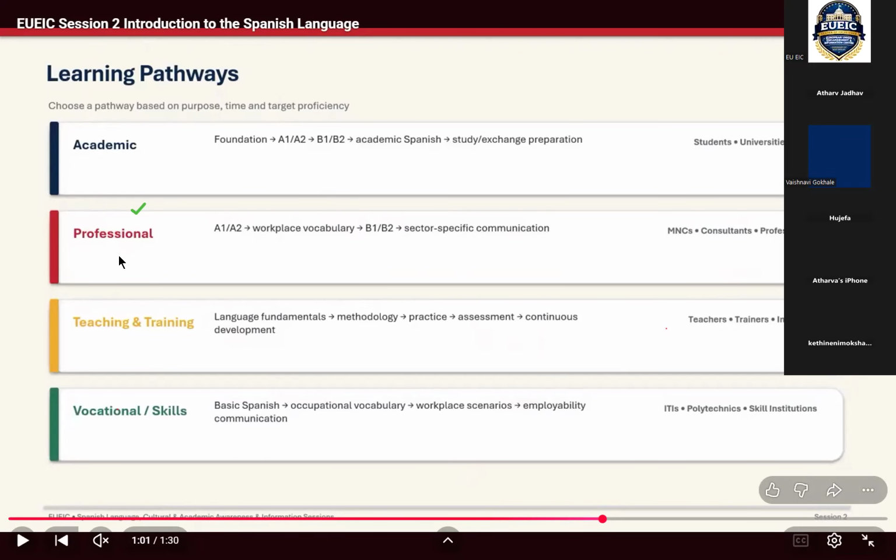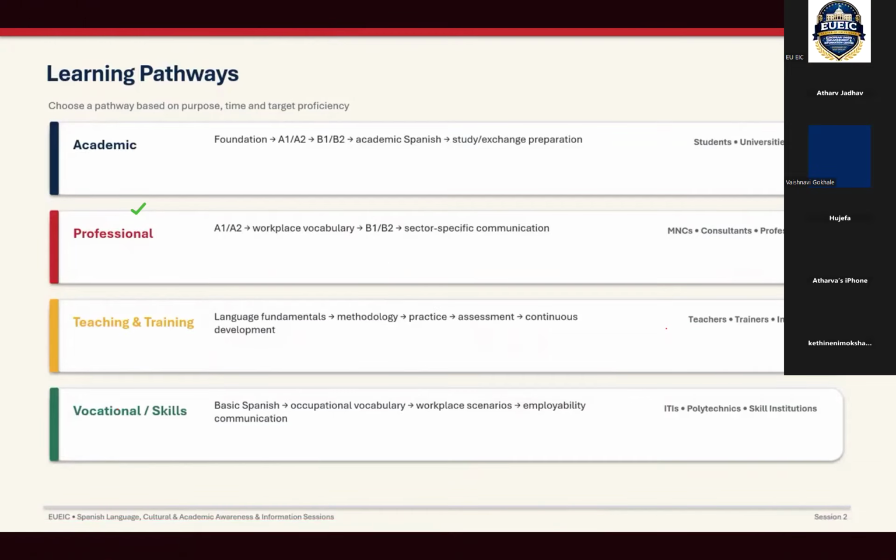When it comes to professional, you have A1, A2, where workplace vocabulary is introduced, and B1, B2, sector specific communication. So this is when, say, universities or certain companies come to us and tell us that, okay, we want specific professionals for training us in the Spanish language, right?